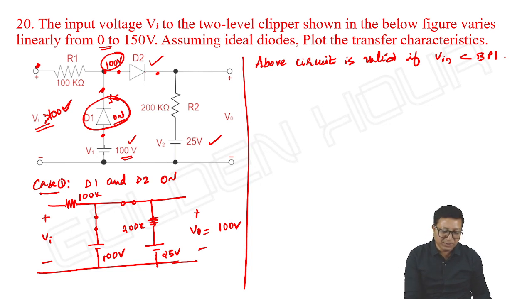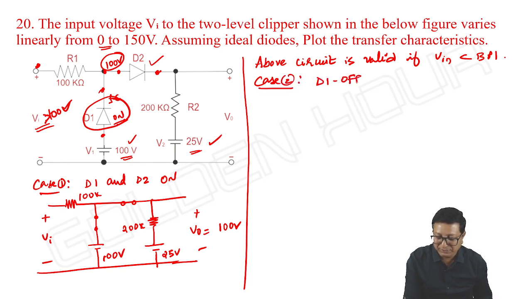So the anode of D2 is at a voltage more than 100 and the cathode is going towards 25 volts. D2 remains in the on state. That's it. So case 2, D1 is off and D2 is on.